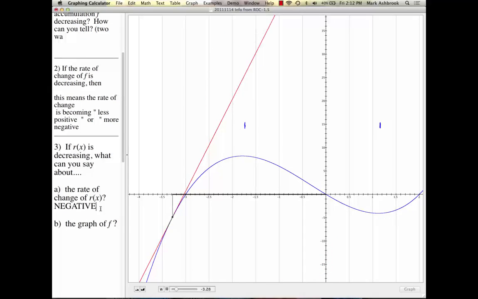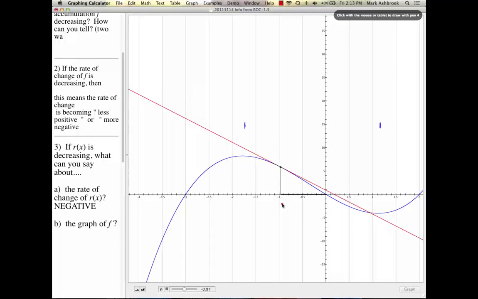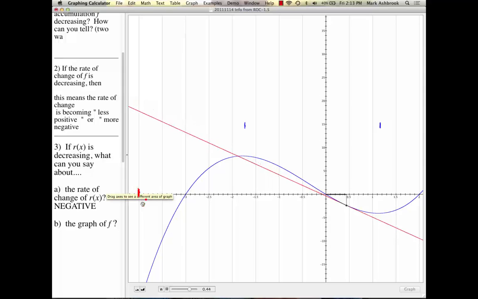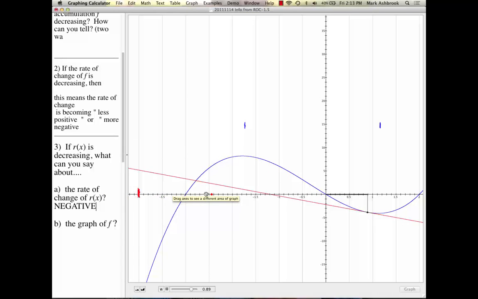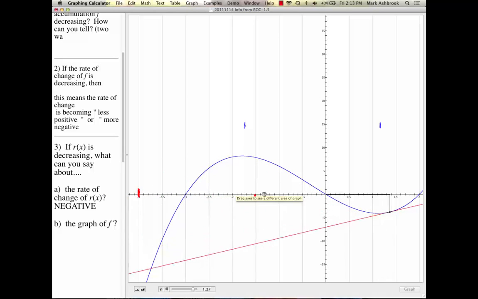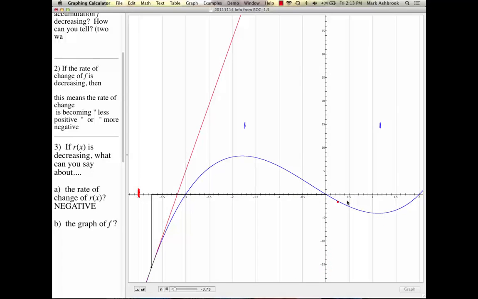Okay, so where is the rate decreasing? From what to what? I'll do it in red. Someone said starting at -4. Do you agree? Up until when is the rate decreasing? Is the rate decreasing here?